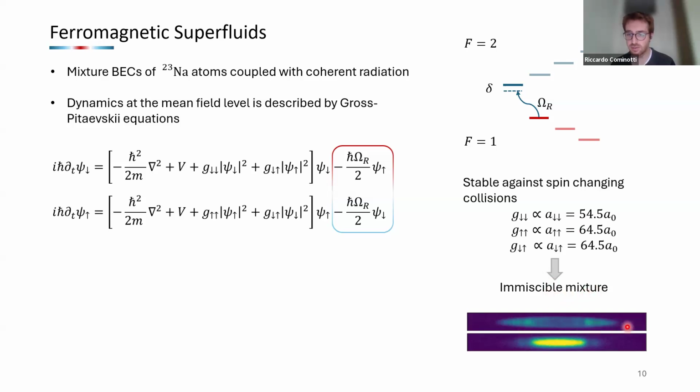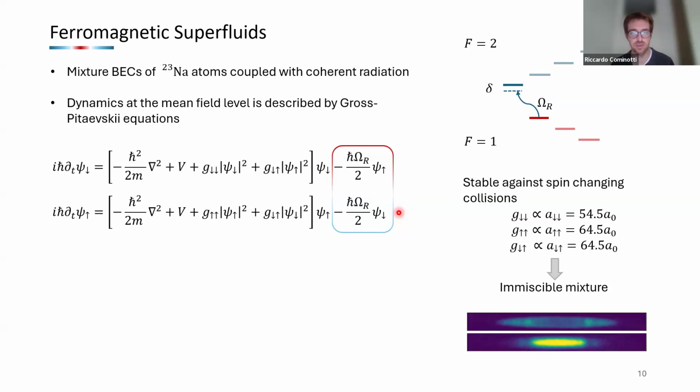This is an absorption image of the two states, the spin down state and the spin up state. And what we see is that the mixture is also characterized by phase-separated behavior, because indeed it is immiscible.